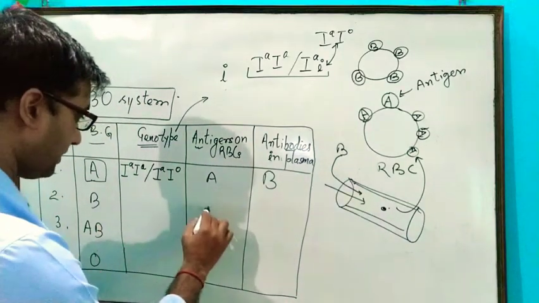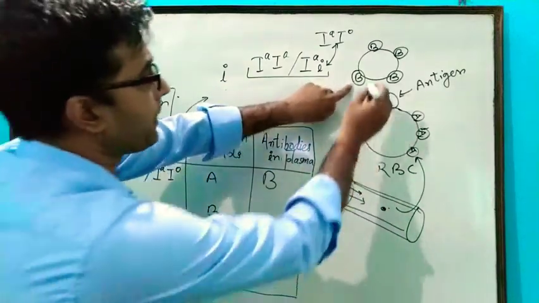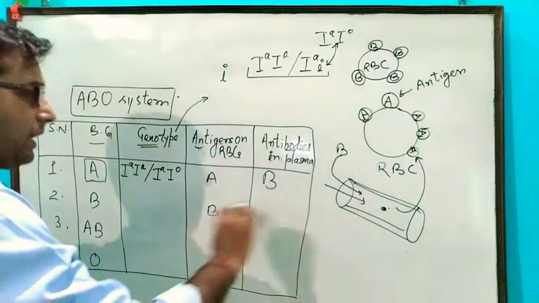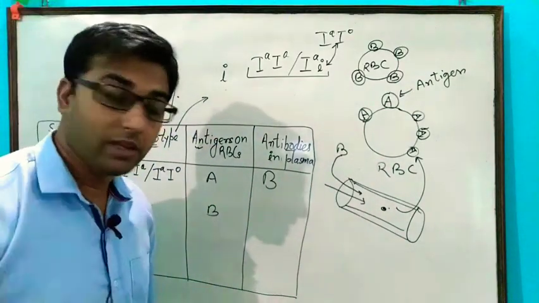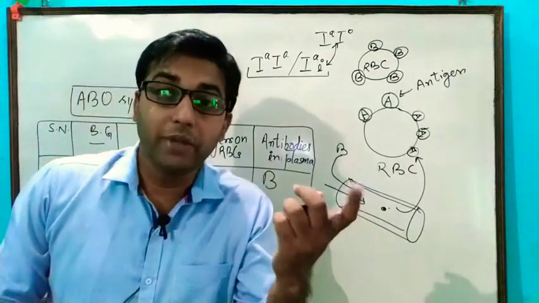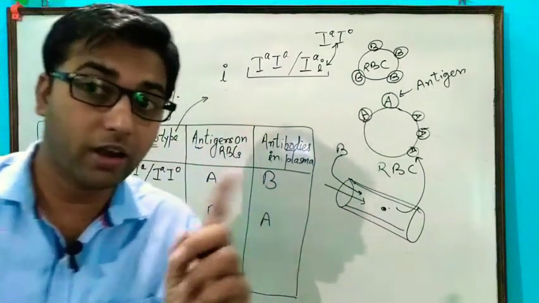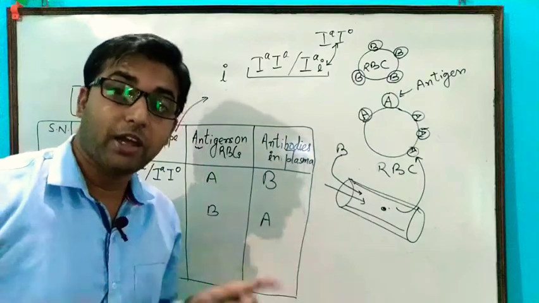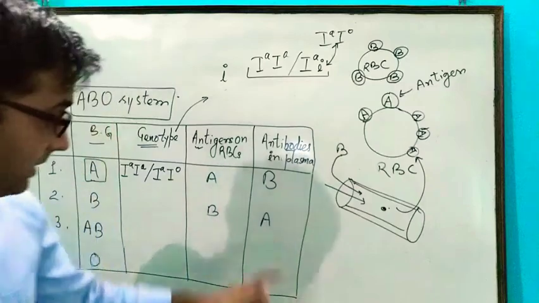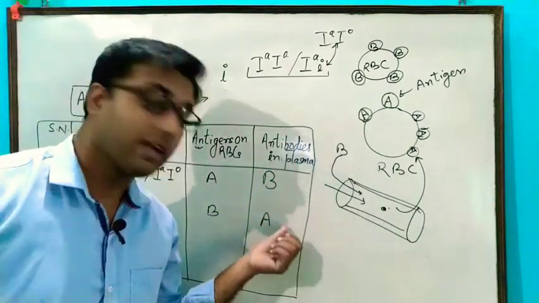It simply means this blood group is B. If there is B antigen on the RBC, the blood group is B. And the antibody which is present in the plasma is A, because it identifies the B antigen as its own family member, but it cannot identify the A antigen, and in response it produces A antibody for the A antigen. Therefore, the antibody which is present in the plasma is A.